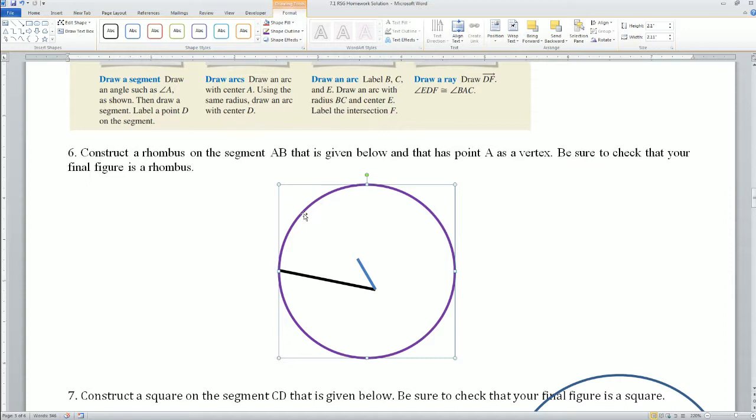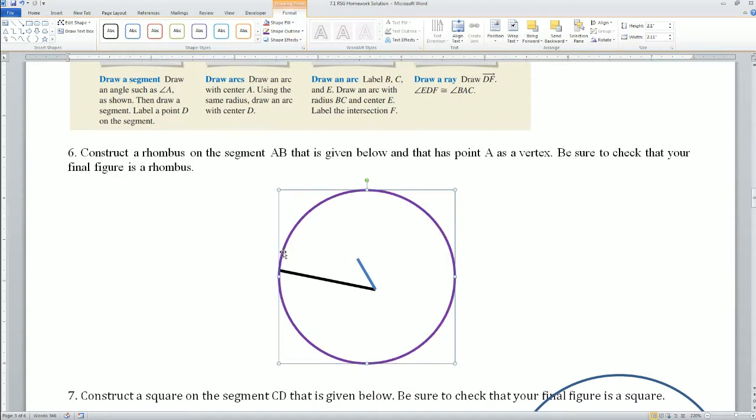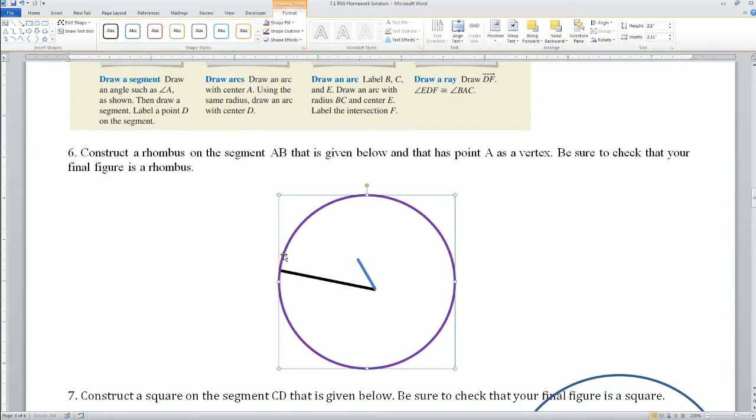If I make that also the radius of the same circle, same size, right? That's also the radius. I could also grab another radius. Because remember, the radius is the same. So this line segment on this circle, they're both the radiuses of this circle. So they're the same length.